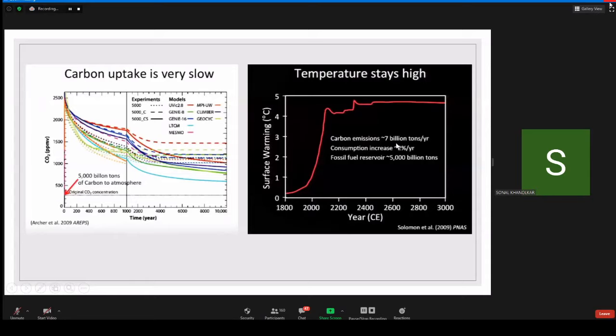Like there will be a lot of forest fires, there will be an increase in the sea levels, because of the melting of the ice caps. All these things are going to happen, and we can predict it, but stopping it is not possible just by studying it. So we have to do it ourselves.